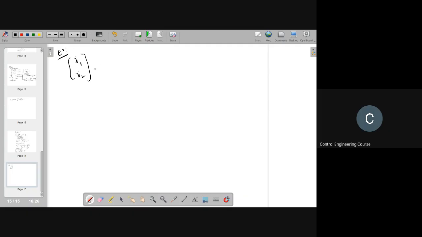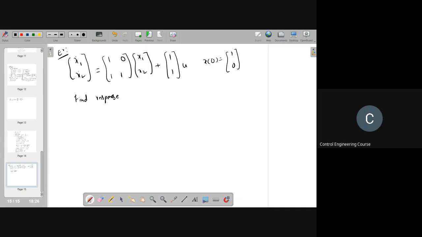The state space representation of a system is given as [1 0; 1 1] times [x1; x2] plus [1; 1] u, and the initial state vector x of 0 is given as [1, 0]. Now find the system response for a unit step input. So this is your problem.